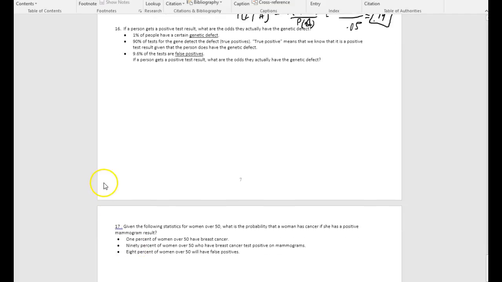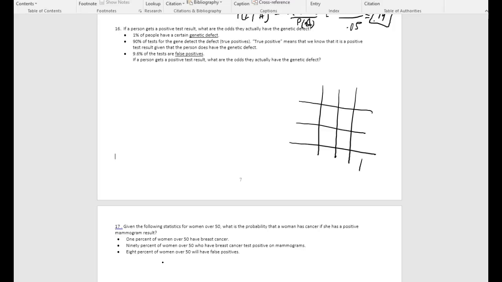All right. If a person gets a positive test result, what are the odds they actually have a genetic defect? So given a positive test result, let's call a positive test result T. So we'll have a T and not T eventually in our table. I can start the table now or later, it doesn't really matter.